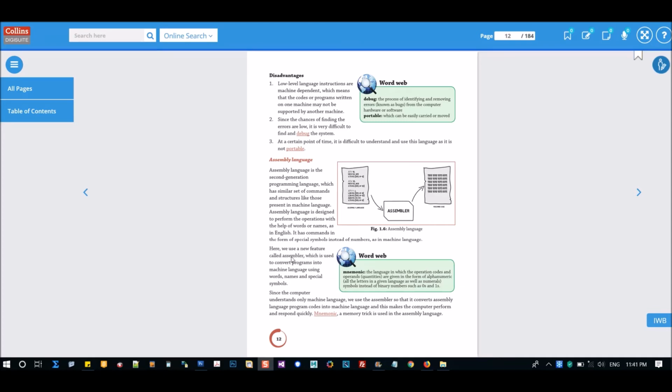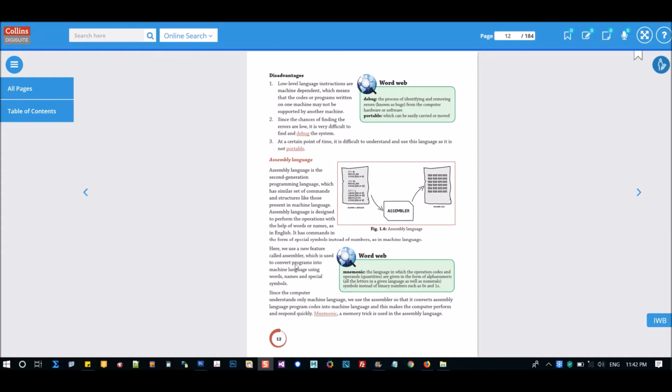Here we use a new feature called an assembler, which is used to convert programs into machine language. Assembly language is also a low level language, but there is a slight difference between machine language and assembly language. Here in assembly language we use a new feature that is called an assembler.